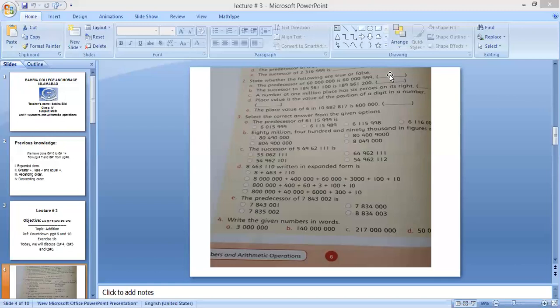For writing successor, you will add 1 in unit place and check which one will be the right one. When you add 1 here, then it will be 112 for one's column. Check it. The last option is the correct one.